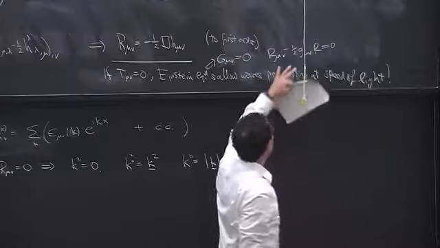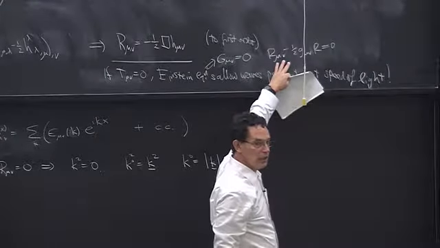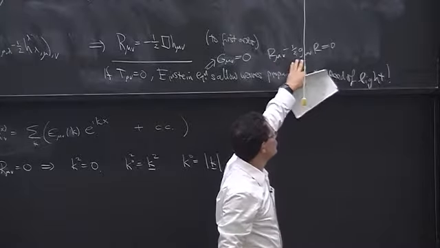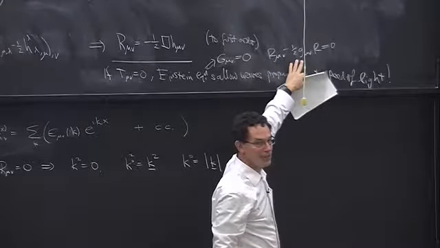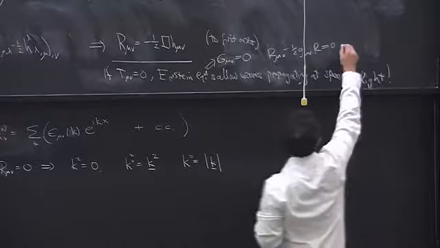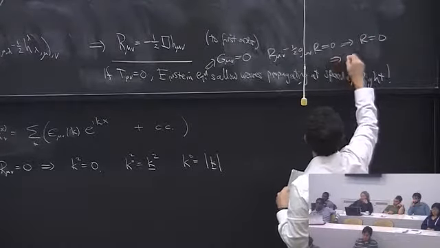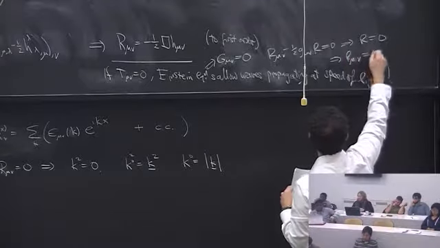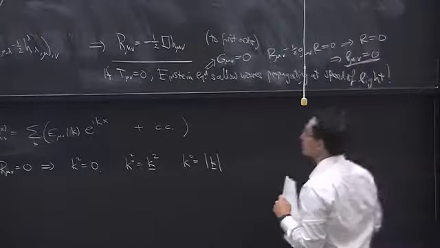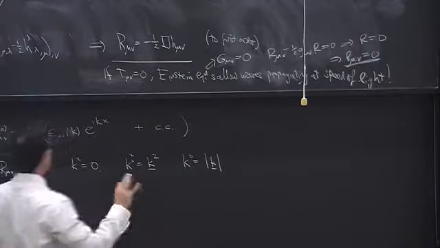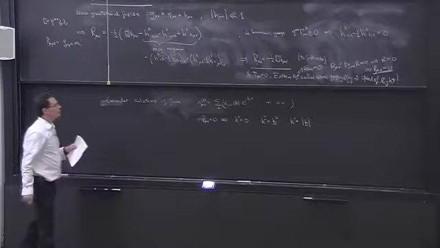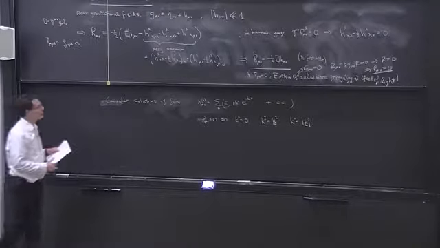Now I can contract it with g, and I get R minus 2R equals 0. So this equation implies R equals 0. Right, okay. And then this equation implies R_{μν} equals 0. Thank you. Okay. So the Einstein equations without matter really just read R_{μν} equals 0.